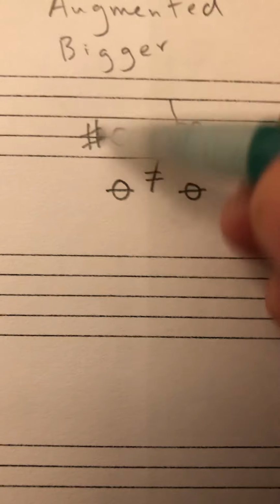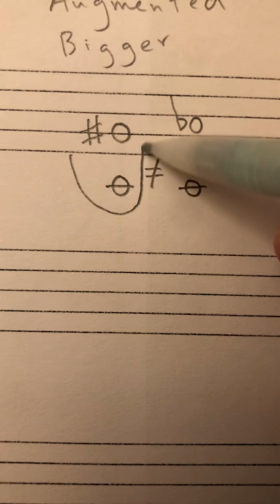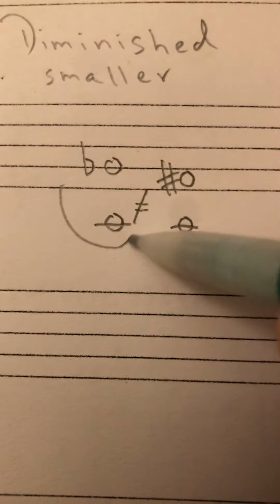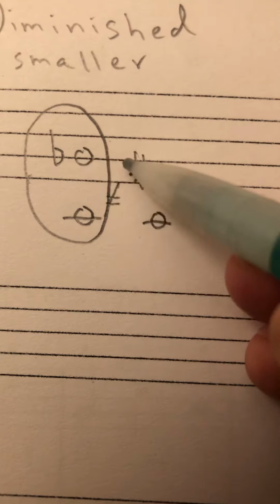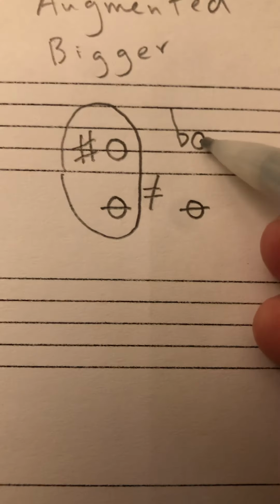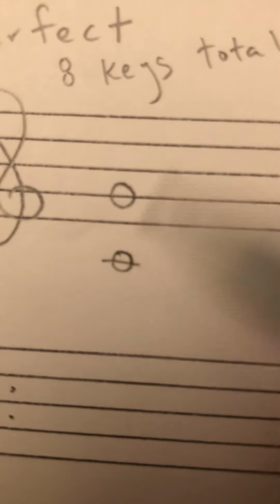Focus, focus. This looks like a fifth, this does not. So really an augmented fifth would be this, and a diminished fifth would be this. You cannot write it as an F sharp, and you cannot write this as an A flat. It has to look like a fifth, just like this looks like a fifth.